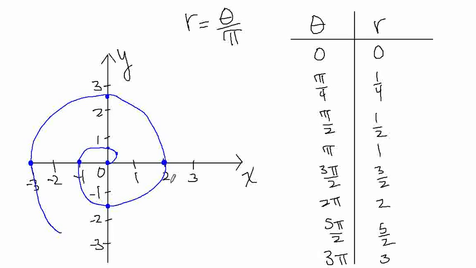All right, so now I would like you to try to do an example. Would you please try to find the polar plot that corresponds to the polar equation r equals 4 cosine of theta? So pause the video if you like and try to work that out now, please.